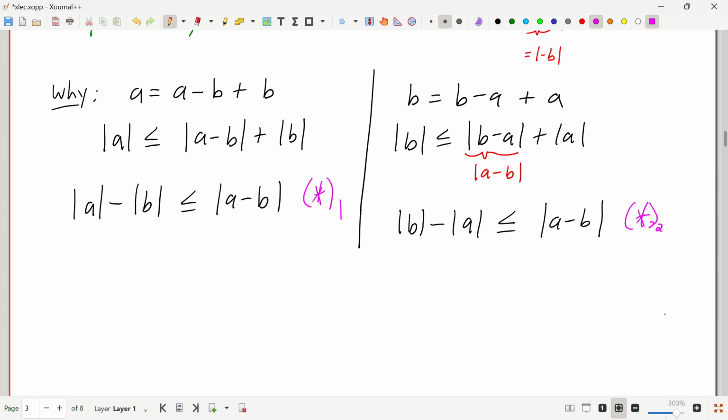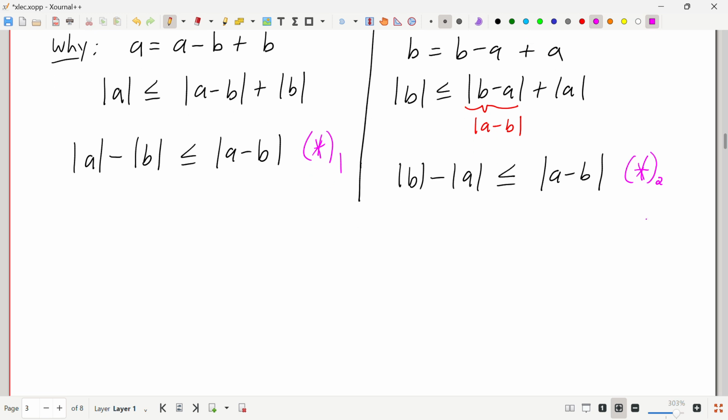The book would maybe do something slightly more formal than I feel like doing right here. I like to do something involving cases. I'm going to do the cases. First, B bigger than A, absolute B bigger than absolute A. Then star 1 would give me what I want.